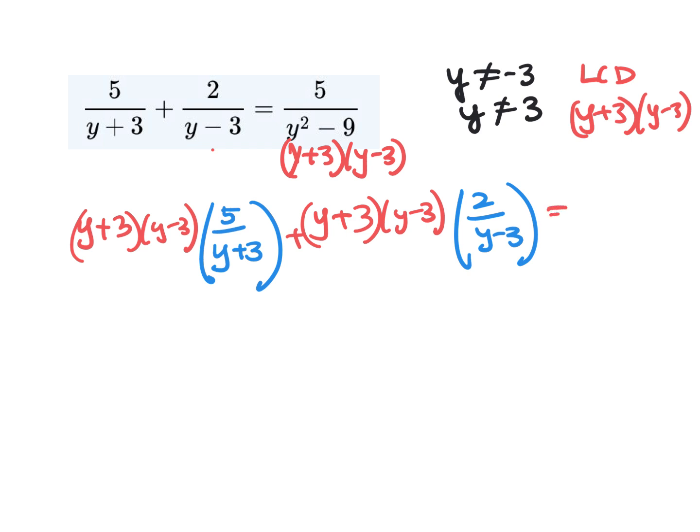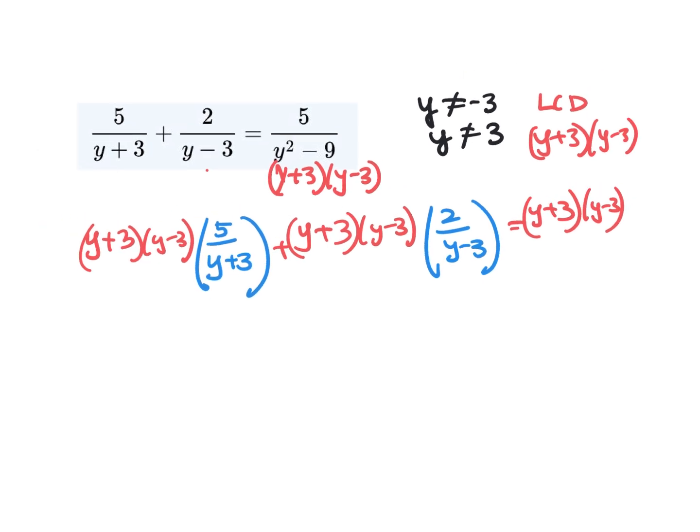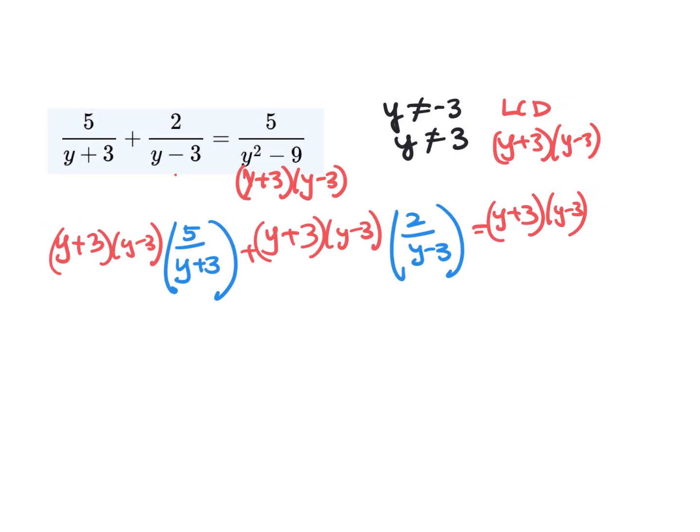And then I'm going to have y plus 3 times y minus 3, and that is going to be multiplied by 5 over y plus 3, y minus 3.